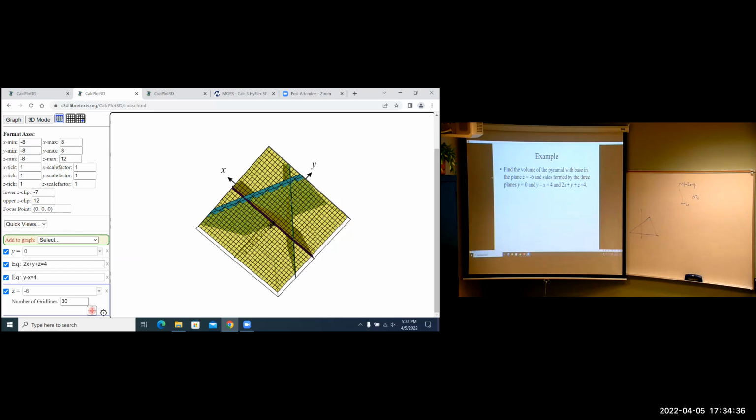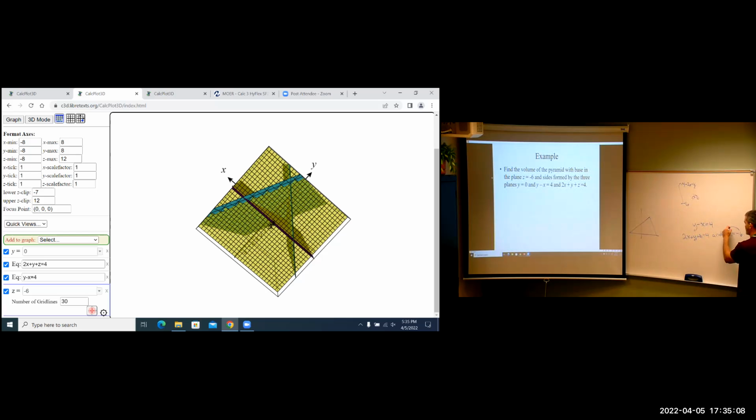All right, let's talk about where those lines come from, which one is which. Now remember, we're in the plane z equals -6. So one of our equations is coming from y minus x equals 4. And one of our equations is coming from the combination of 2x plus y plus z equals 4, and z equals -6.